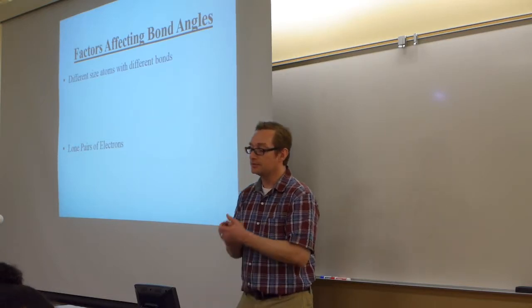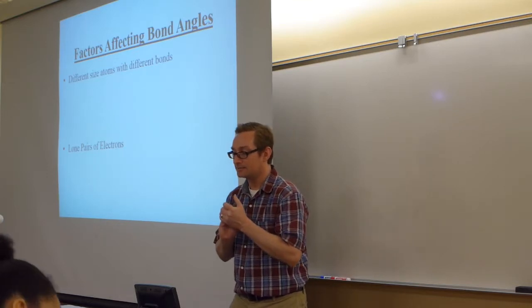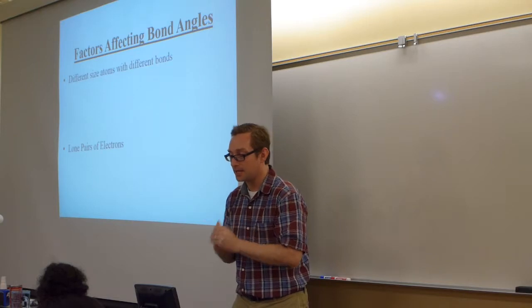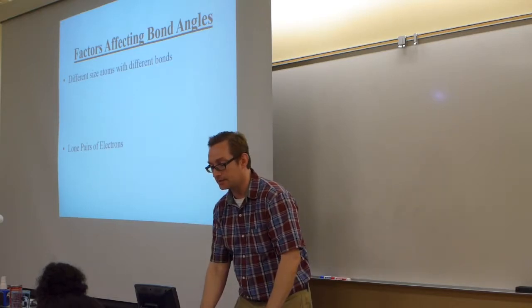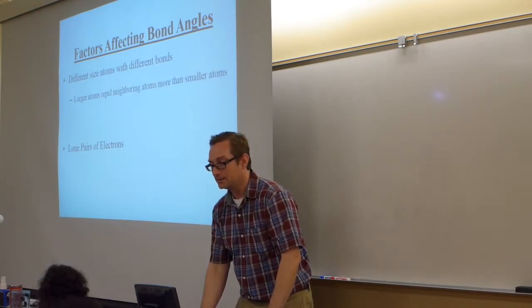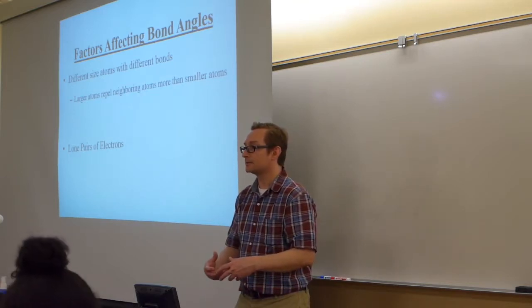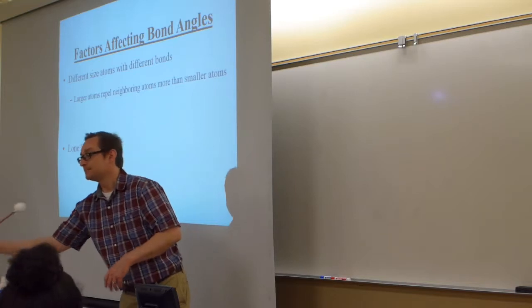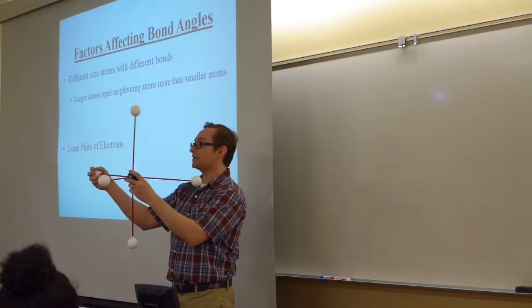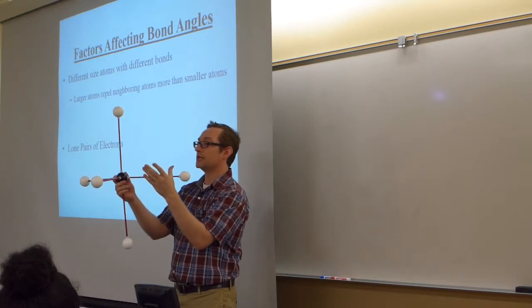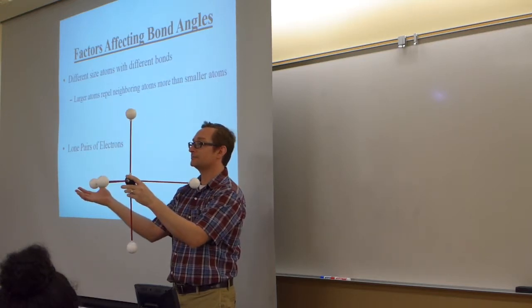There are two things that affect bond angles. You have the different size of atoms on the outside, and those will differ in the space they take up. Bigger atoms will repel their neighbors more than smaller atoms will. So if I have an iodine atom here, but only two fluorine atoms here, the fluorine atoms are going to get pushed together a bit more by the big iodine atom.